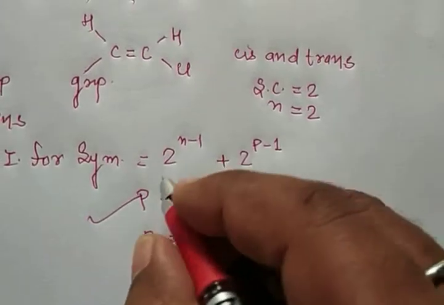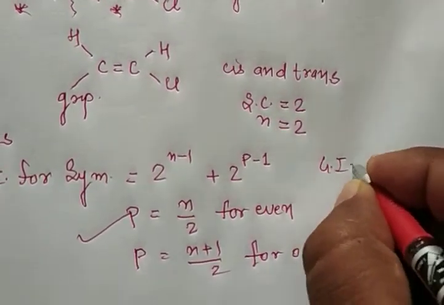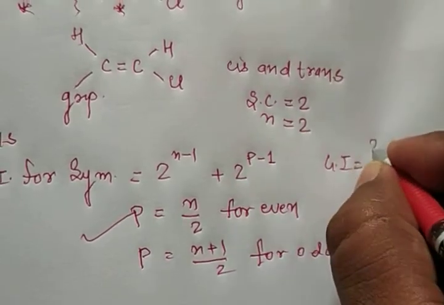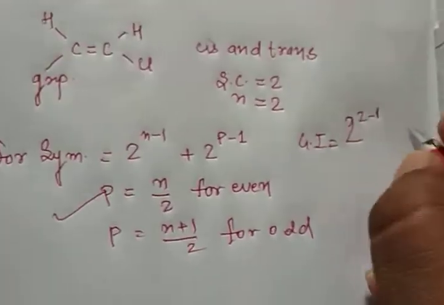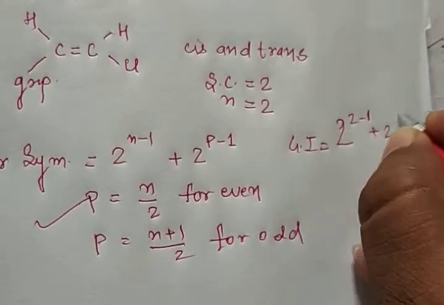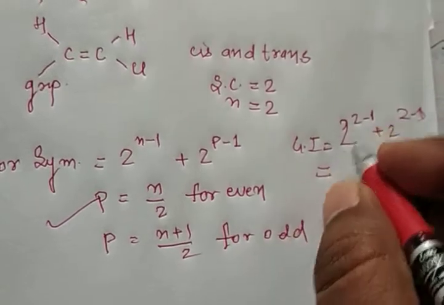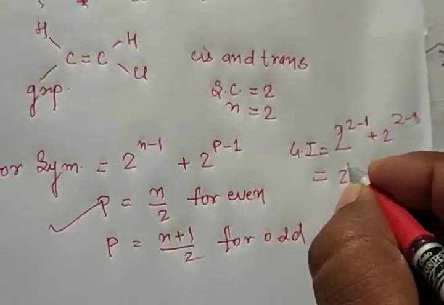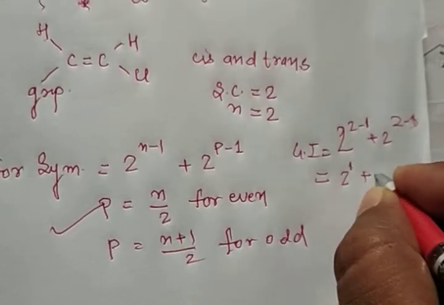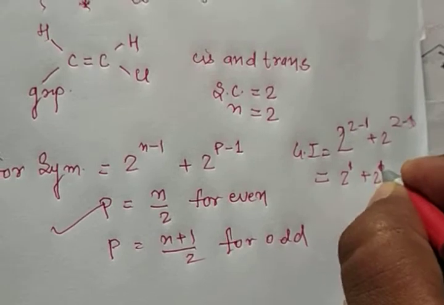So now 2 to the power n minus 1, where n is 2. So 2 to the power 2 minus 1 plus 2 to the power 2 minus 1. So 2 to the power 2 minus 1 is 2 to the power 1, which is 2, and 2 to the power 1 minus... sorry, 1.